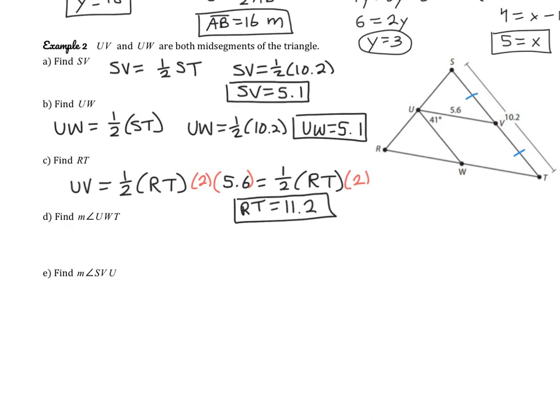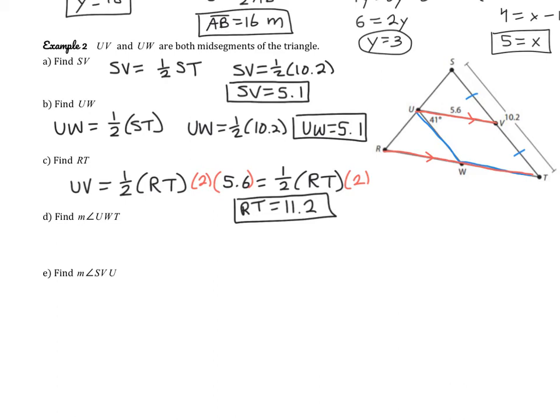Okay, next we are asked to find the measure of angle UWT. So that would be this angle right here. So to find this angle, we can use that very first fact we learned about midsegments, and that's the fact that a midsegment is always going to be parallel to that third side. So for example, I know that UV is parallel to RT.